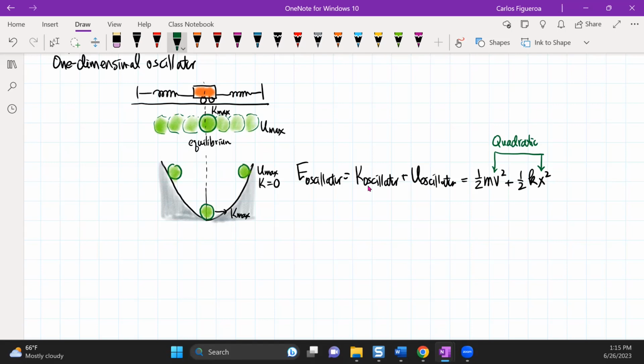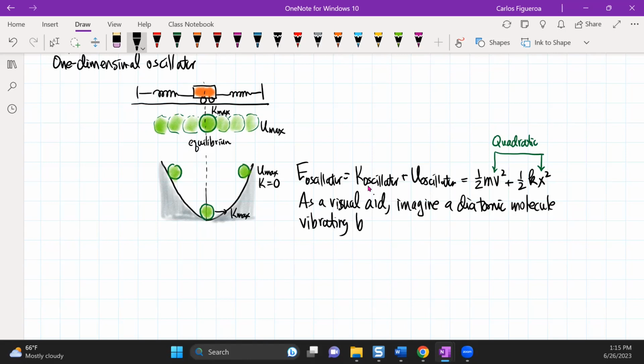I'll get to that in a point here, but as a visual aid, imagine a diatomic molecule vibrating, oscillating back and forth.